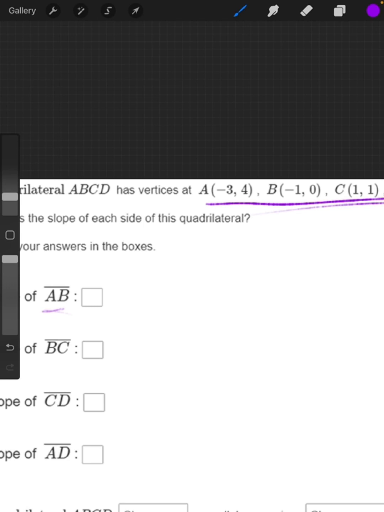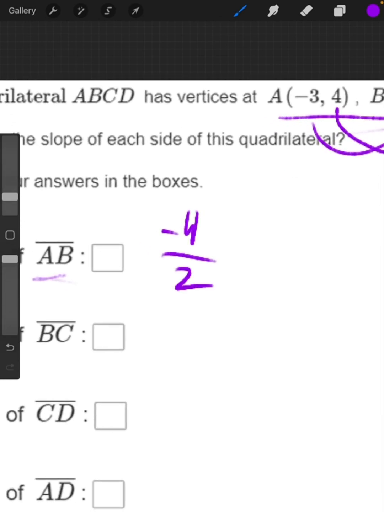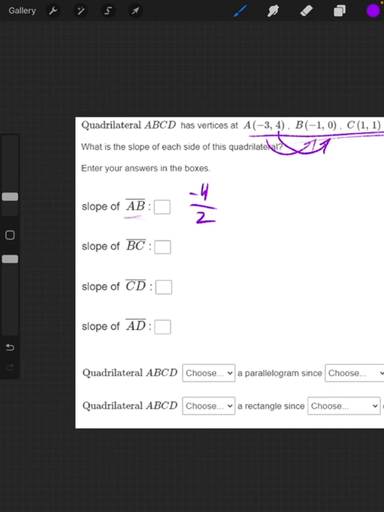It goes from 4 to 0, which means it went down 4. And for x, it went from -3 to -1, which means it went right 2. Okay. We got that slope.